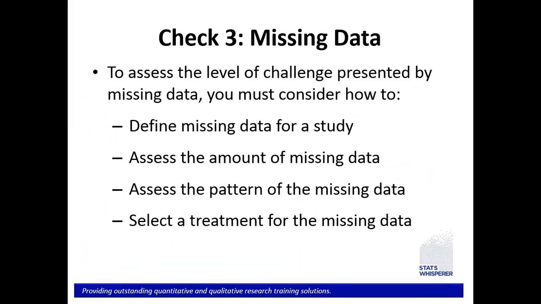First, you must define missing data for that study. Second, you need to assess the amount of missing data. Third, you need to assess the pattern of the missing data. And lastly, you need to select a treatment for the missing data.